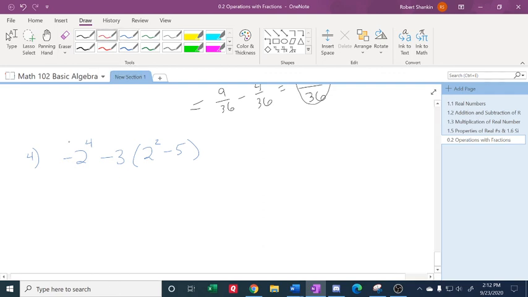Okay, let me point out that this is just once. And this is 4 times. So you're going to get 1 negative and 2 to the 4th. 2 times 2 is 4, times another 2 is 8, times another 2 is 16.